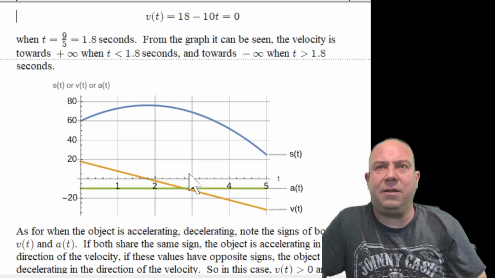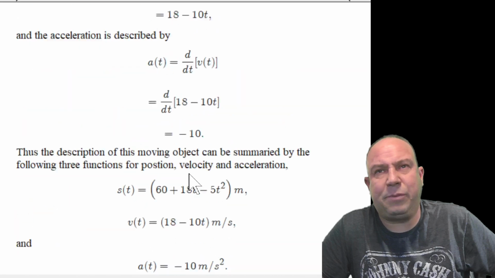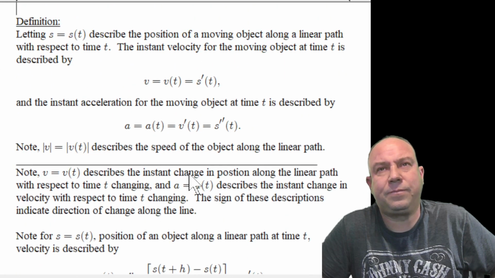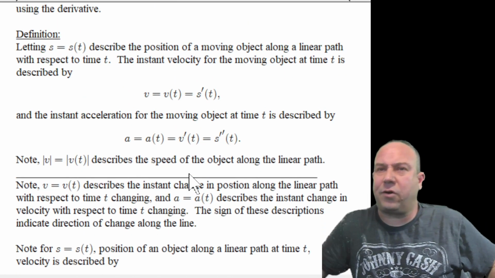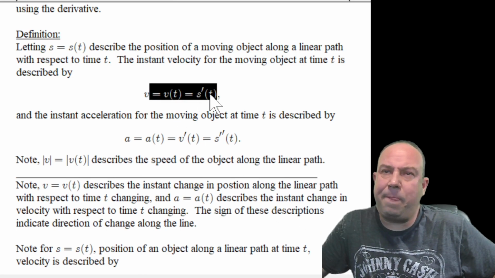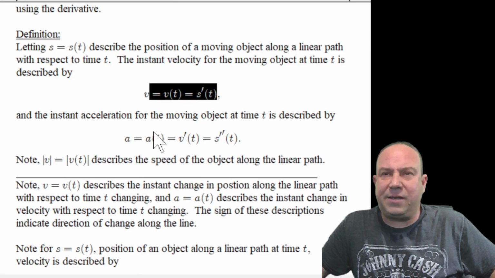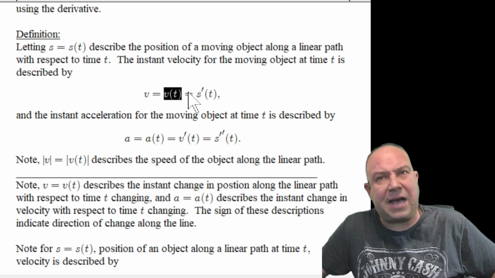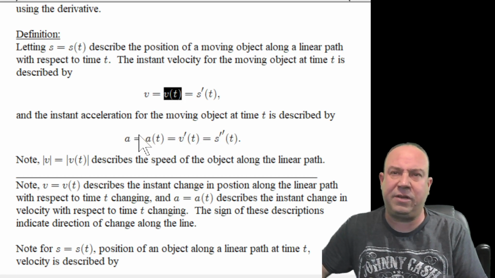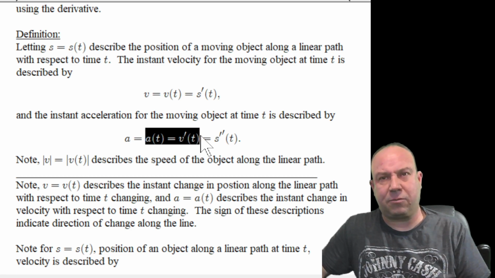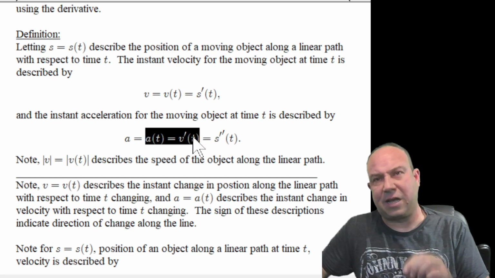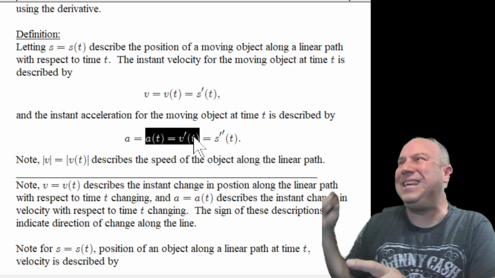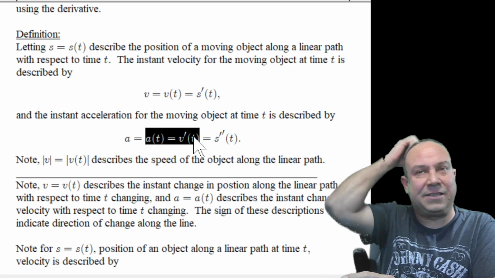And when moving along a linear path, when we are given the position function, we can take its first derivative to find velocity, and we can take its second derivative to find acceleration. Or if we have the velocity function, we can take its first derivative to describe our acceleration. What we call the instant acceleration and the instant velocity.